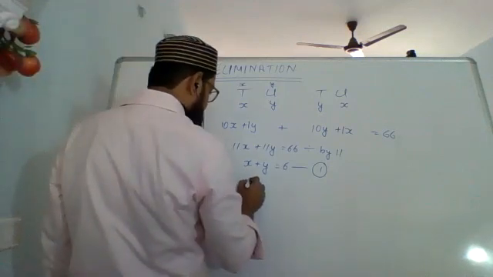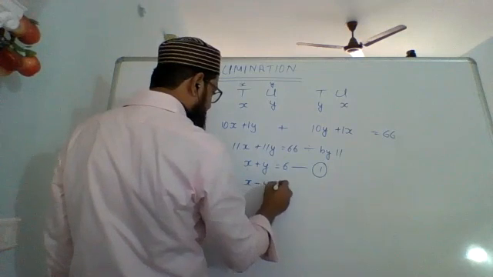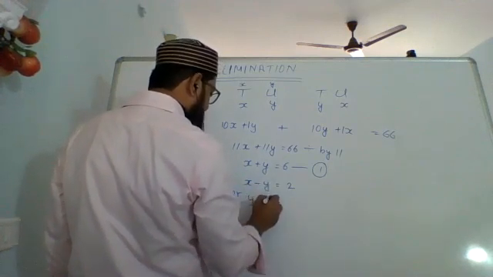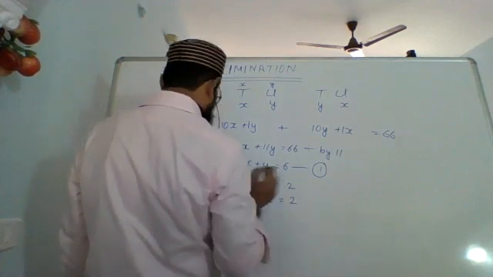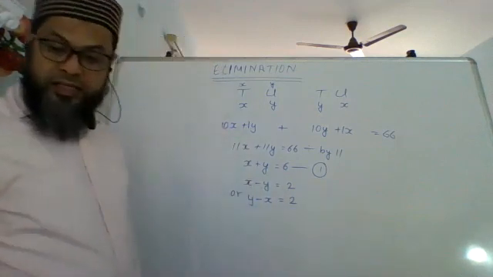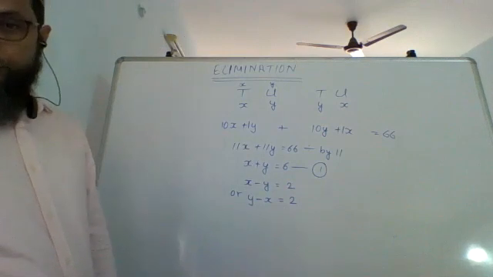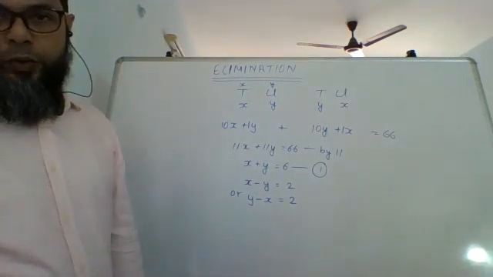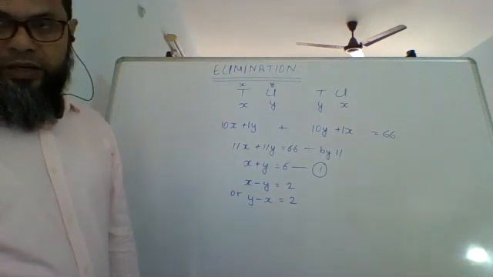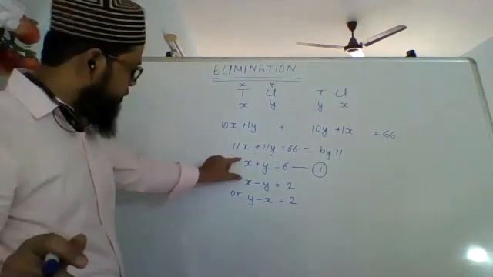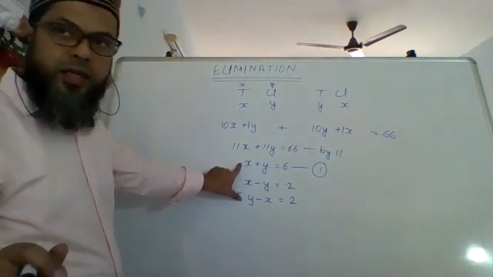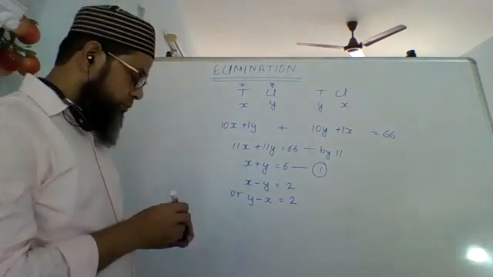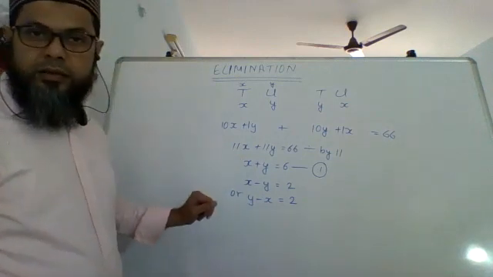We can have x minus y equals 2, or y minus x equals 2. We will solve first with this and then with this, and that way you will get both the numbers. Till here, are we clear?